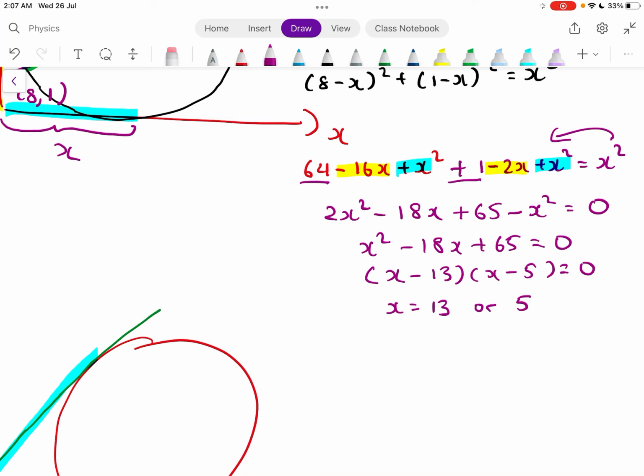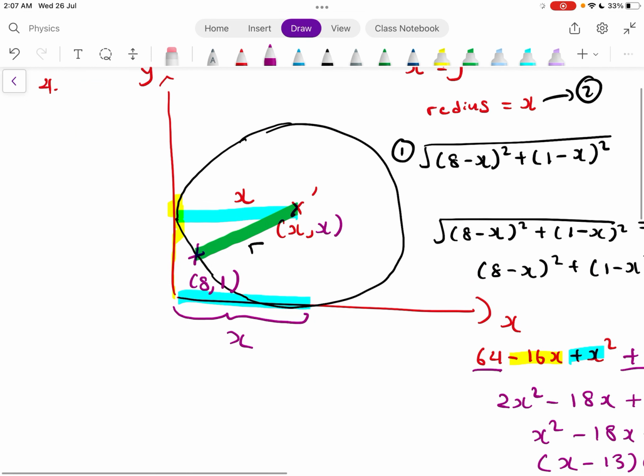Which one should I accept and which one should I reject? Very simple. Going back to this, they tell me that the center of the circle is above and, of course, on the right hand side of 8, 1. So this cannot be 5, because 5 is not on the right hand side of 8.